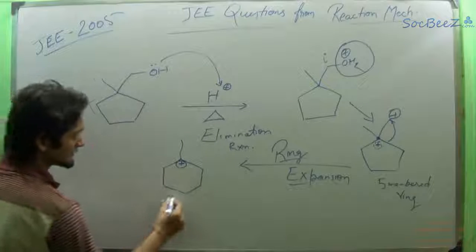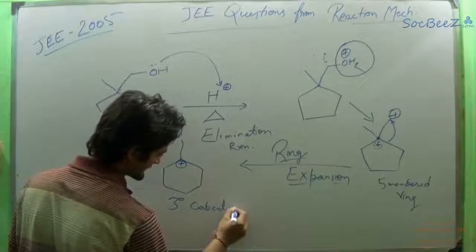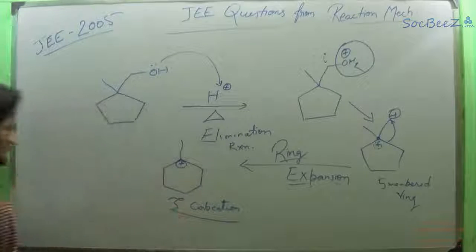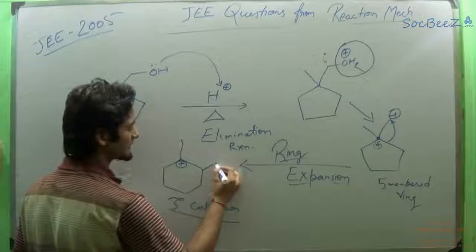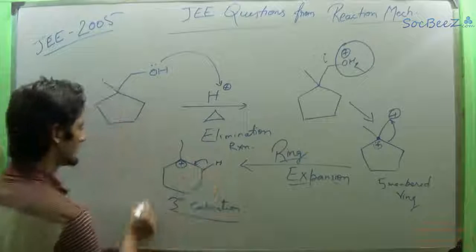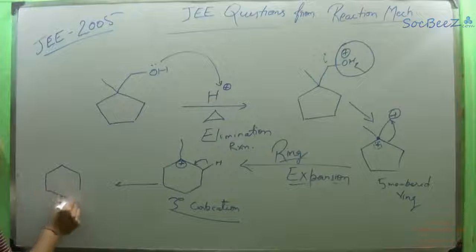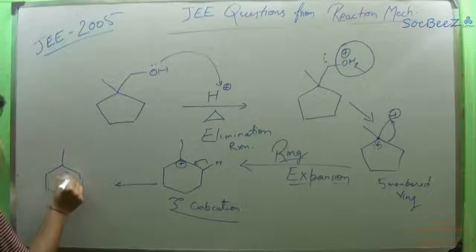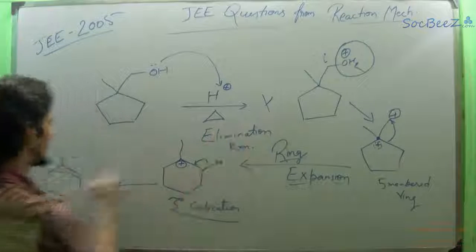Now it is a very stable 3-degree carbocation, and it can undergo an elimination reaction. This H can be eliminated, hence a very stable alkene will be formed. This is our final answer. That is X. They have asked us to identify the X in this case. So X is this.